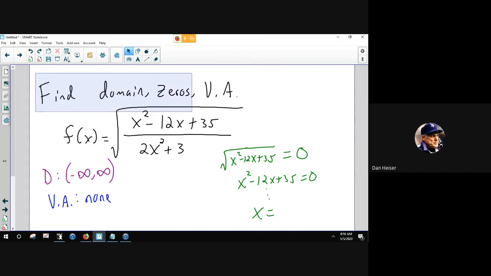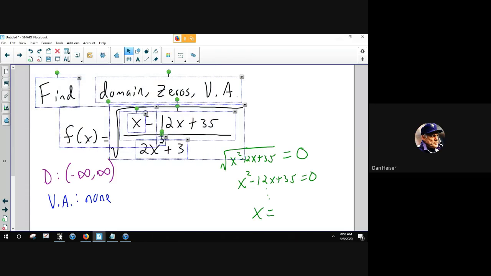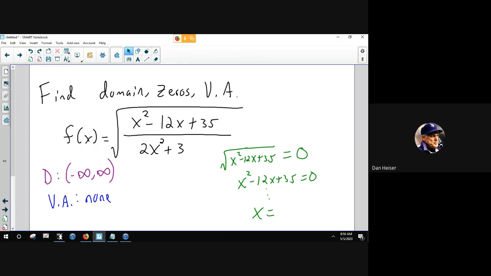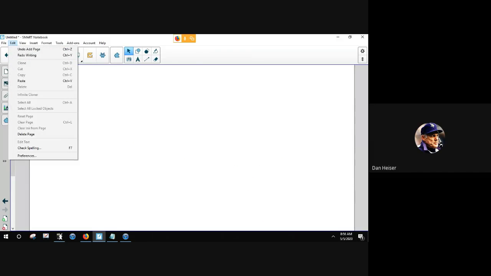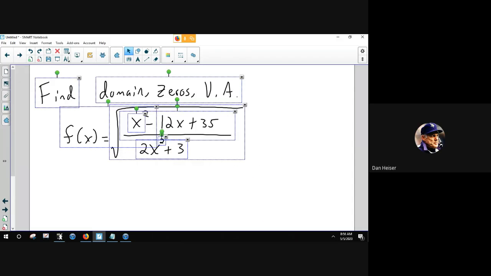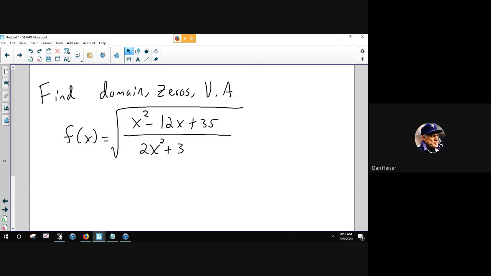I'm going to do one more example. Need to copy all this. Paste here. I'm going to alter this problem ever so slightly. I'm going to take away the square in the denominator.